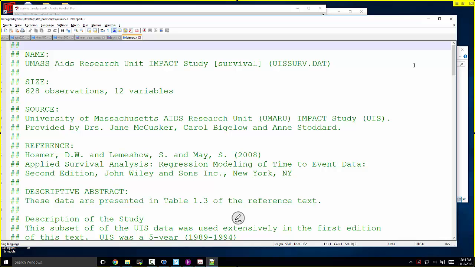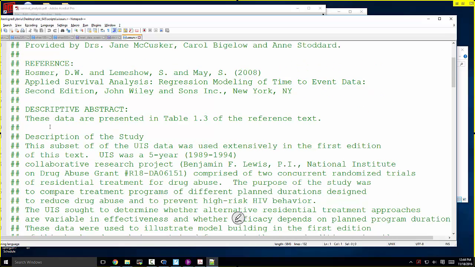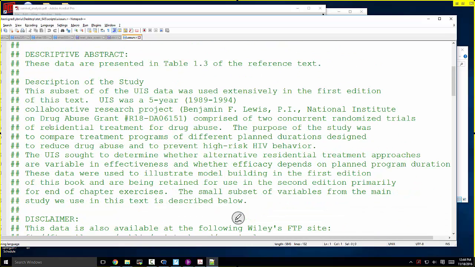Okay, so these are survival data for people with AIDS. Five-year randomized trial investigating or assessing the effect of a residential treatment for drug abuse.